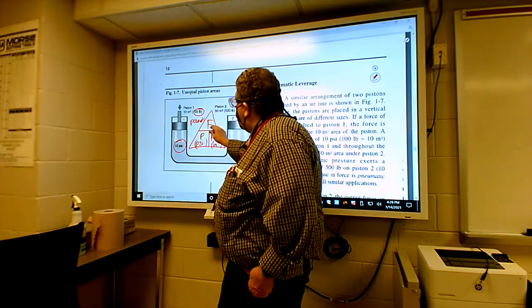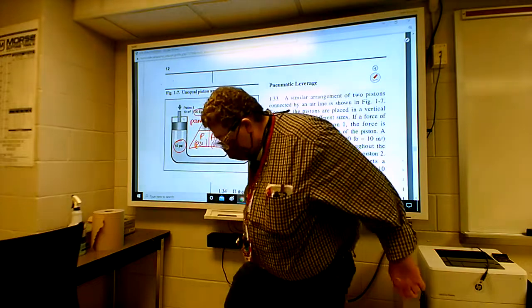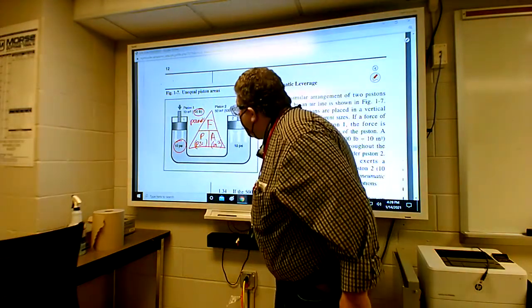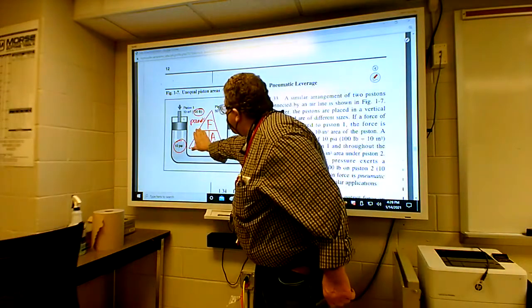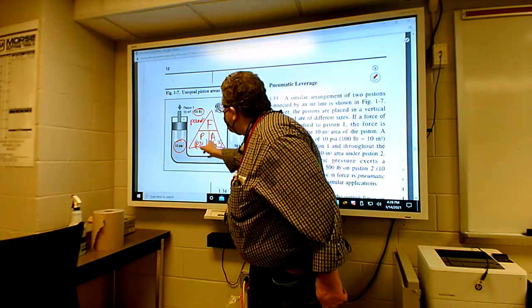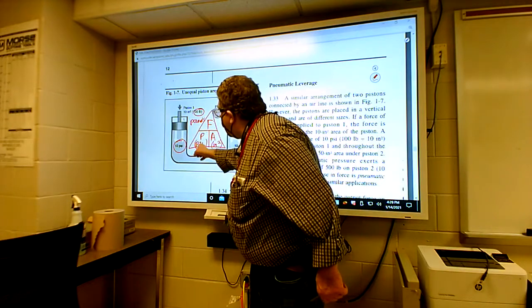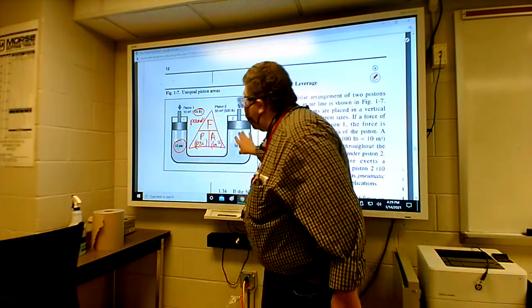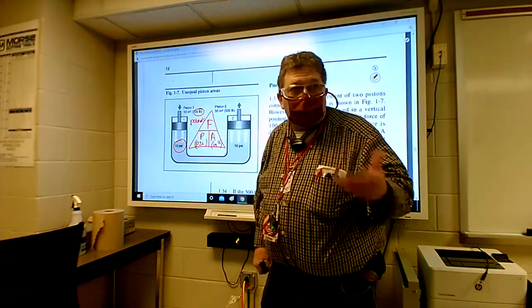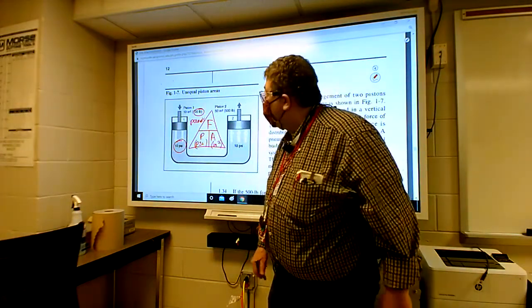If we cover this up, it's going to be 100 pounds divided by 10 inches squared. And so the PSI that's actually inside that container would be 10 PSI, 10 pounds per square inch.